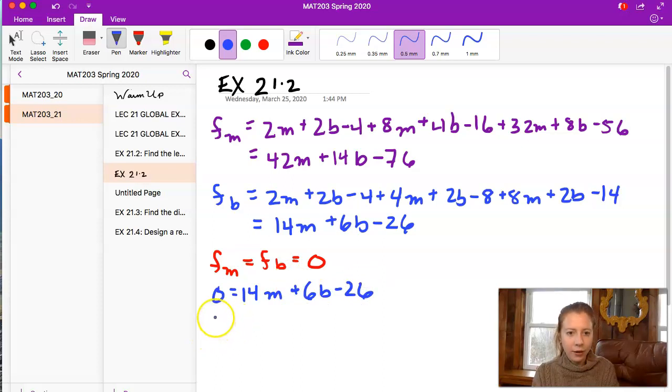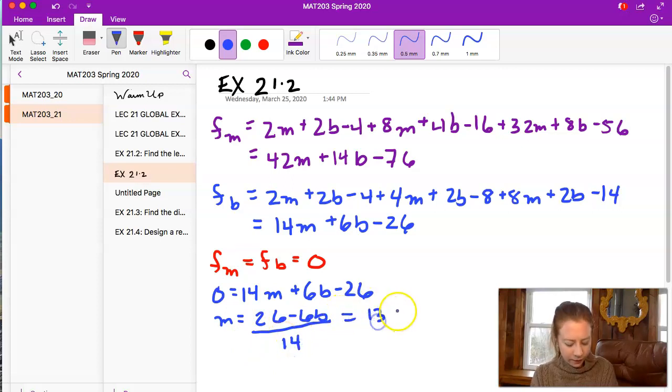And so from there we get m is equal to 26 minus 6b over 14, which is the same as 13 minus 3b over 7. Okay? And so then what we need to do is we need to set fm equal to 0 and plug in m equals 13 minus 3b over 7 for m. Okay, so I'm going to do that on this next page.